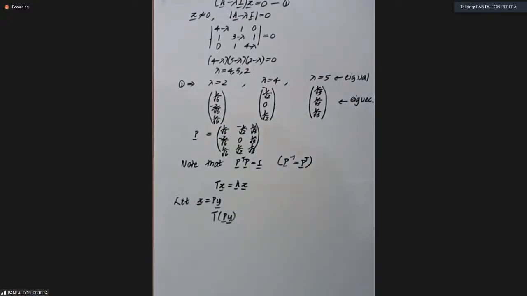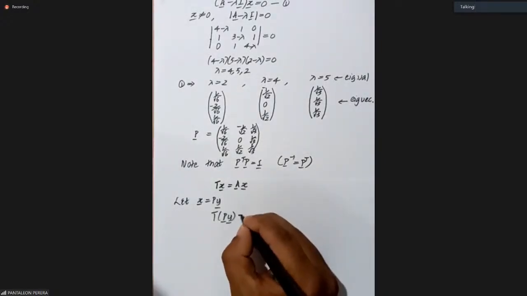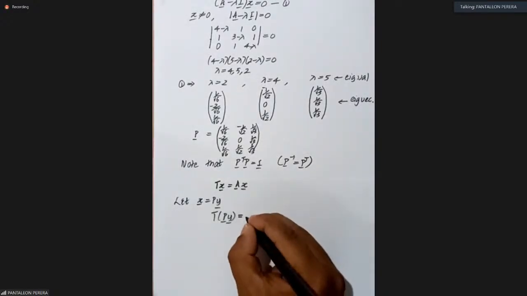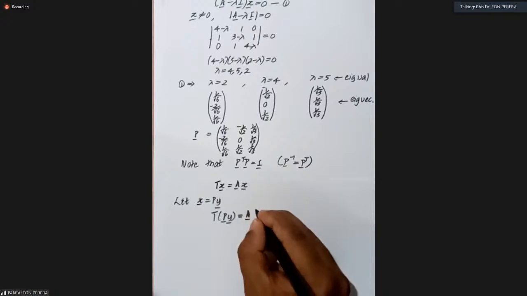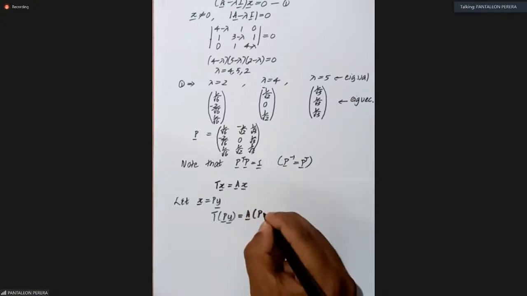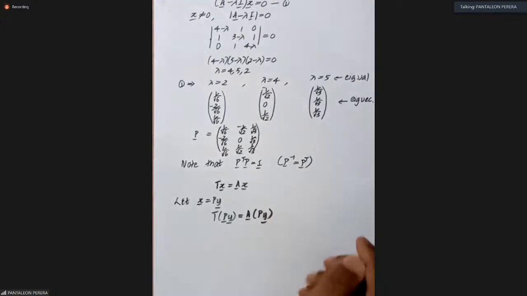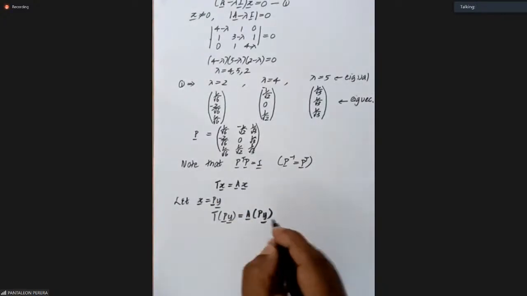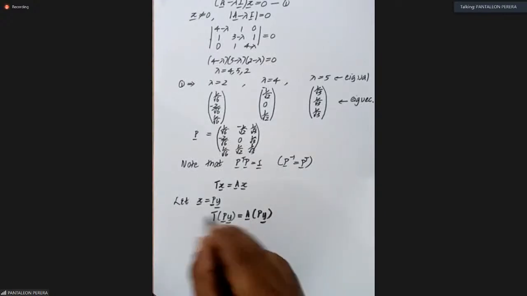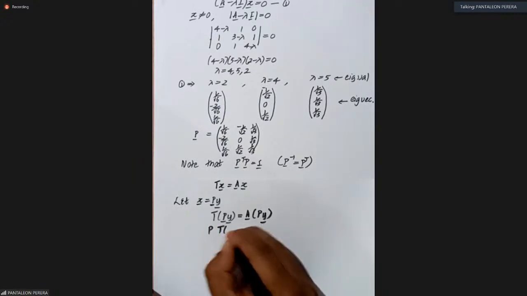In the place of X, I substitute Py, right? T of Py. Now, since T is linear, you can pull this P out.